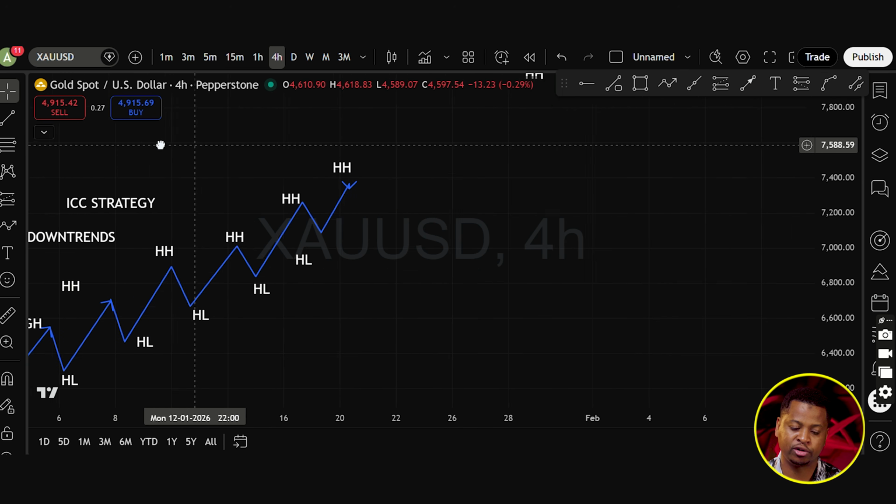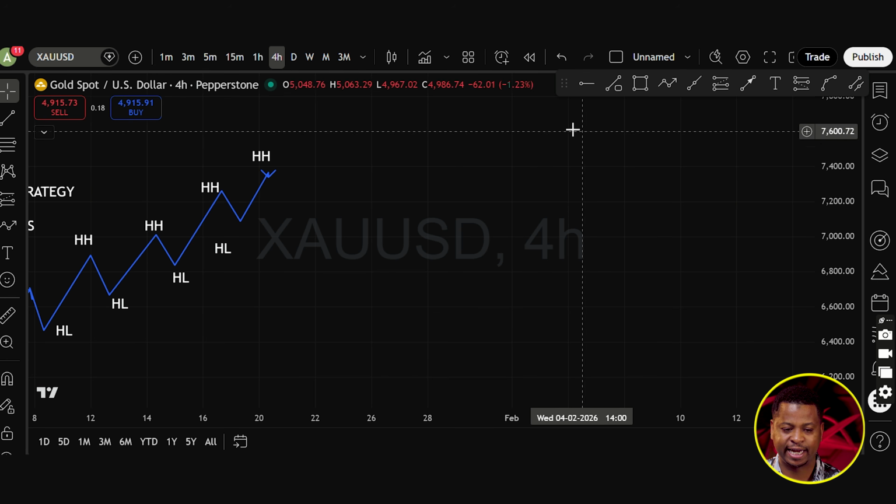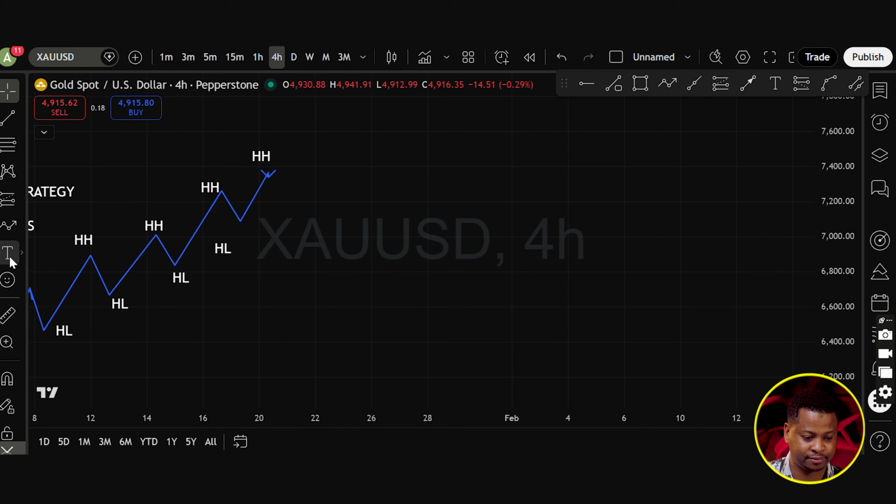Now, when we go to downtrend, many people just hear people saying lower highs, lower lows, and they're like, how do you see them? How do you understand them? Okay, and I want you guys to clearly look at this, watch it keenly and try to understand it.